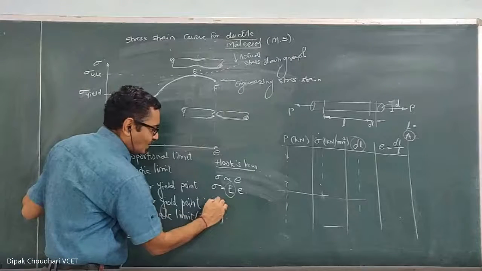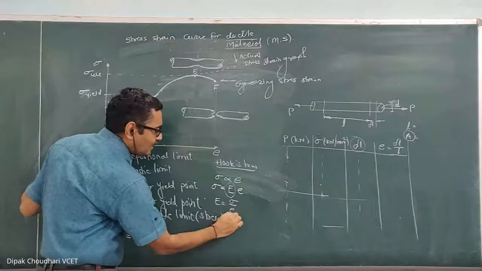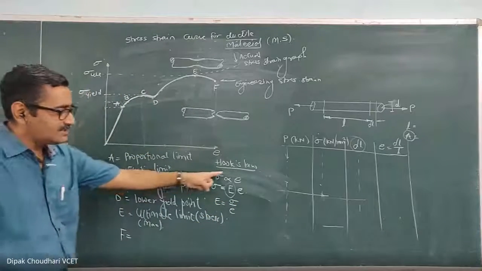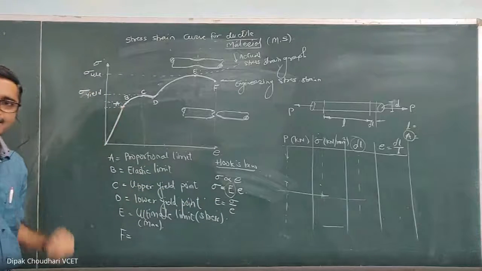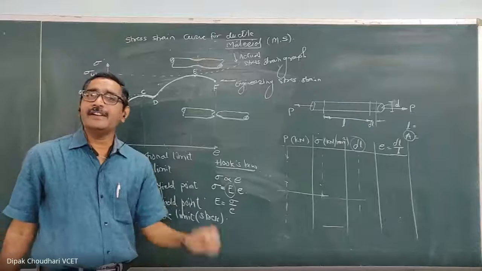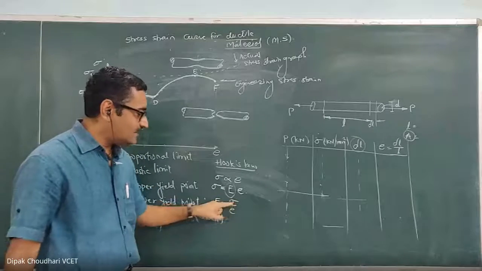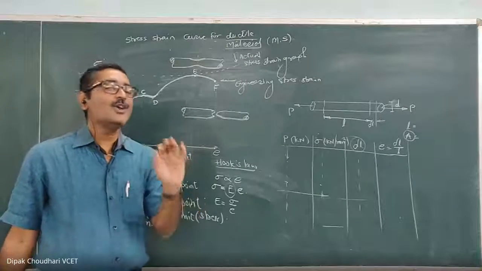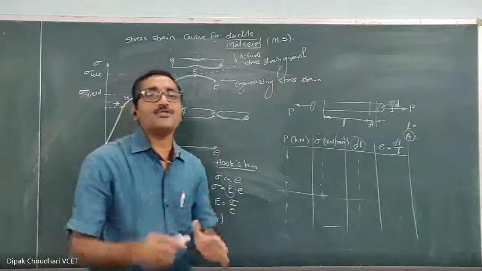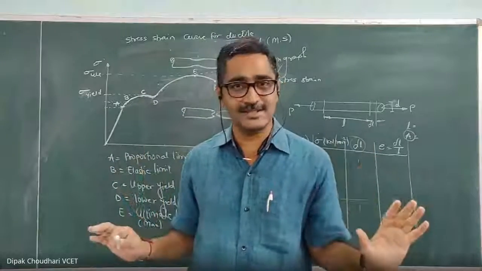It can be defined as the ratio of stress to the strain within proportional limit, because everything is valid within proportional limit only.